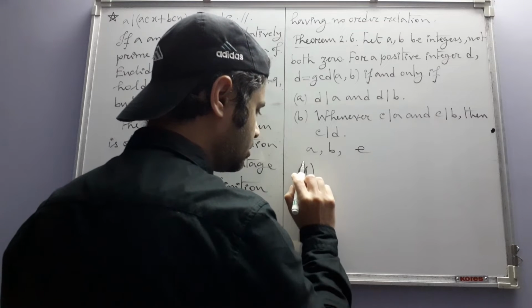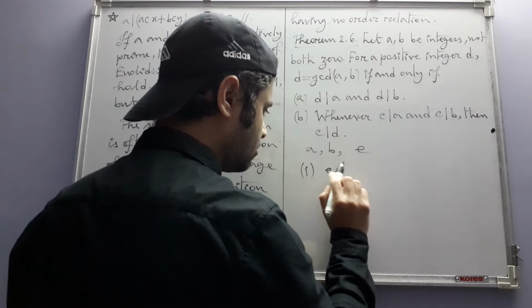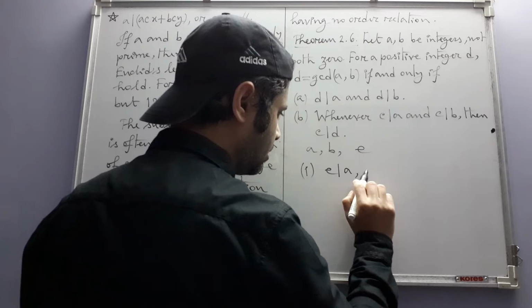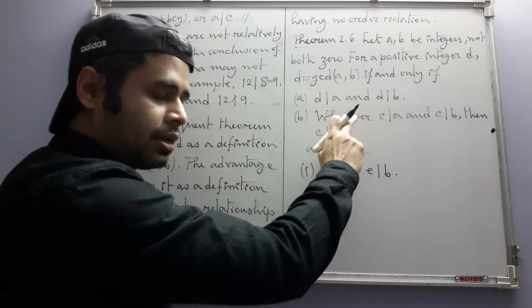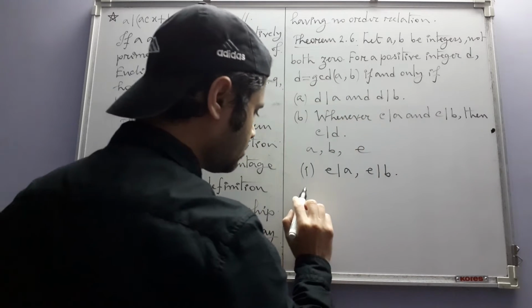The first condition is this: e divides a and e divides b, which is exactly the same that we have here.